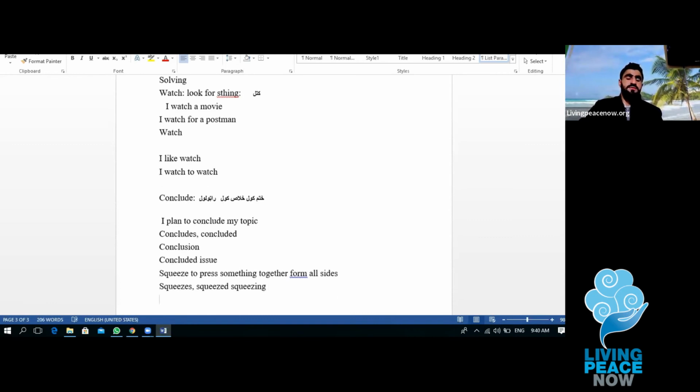You can use it, for example, with the infinitive. I like to squeeze. I like to squeeze what? My pepper. I would like to squeeze my pepper. I like to squeeze my pepper. To squeeze it, infinitive, like a main verb, my pepper is the object.